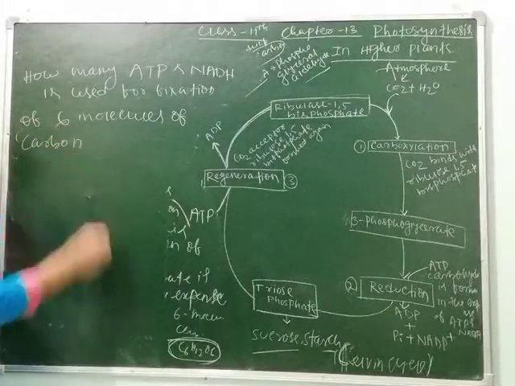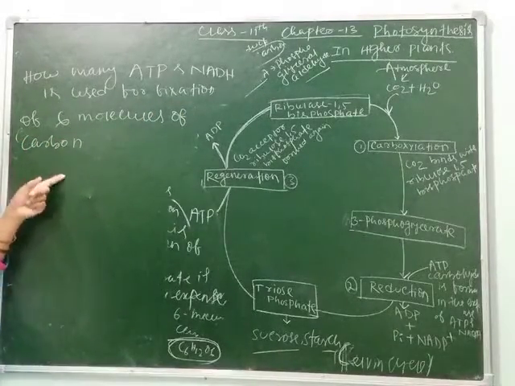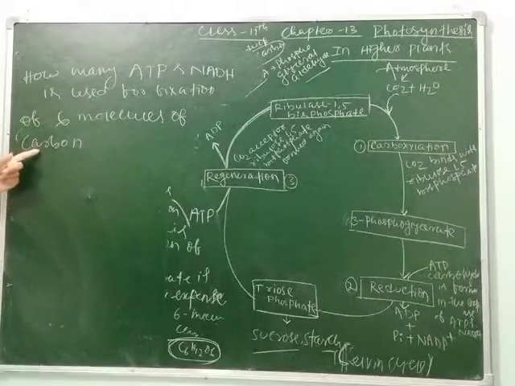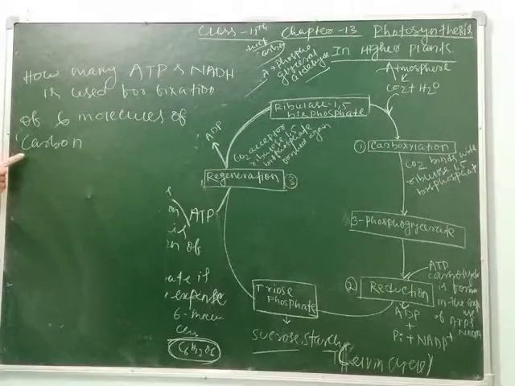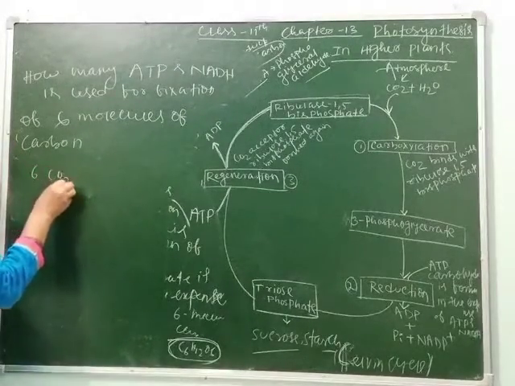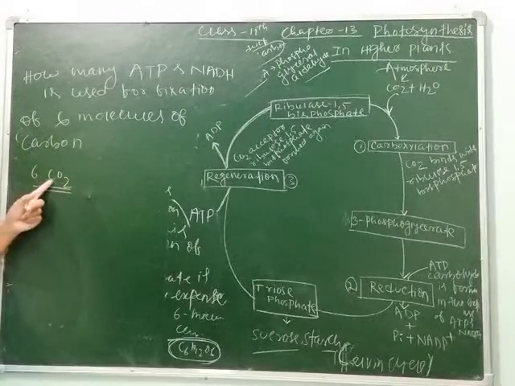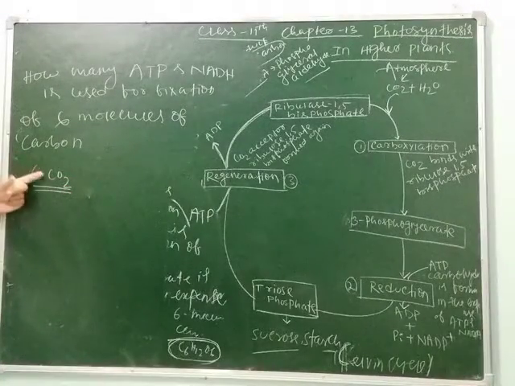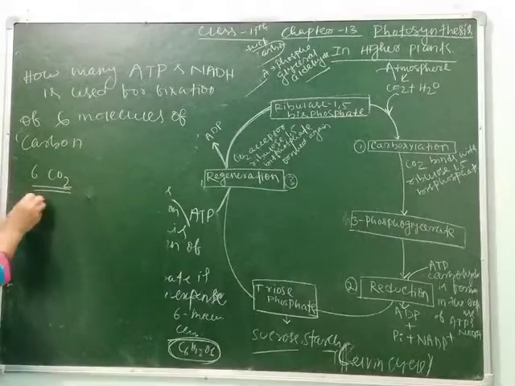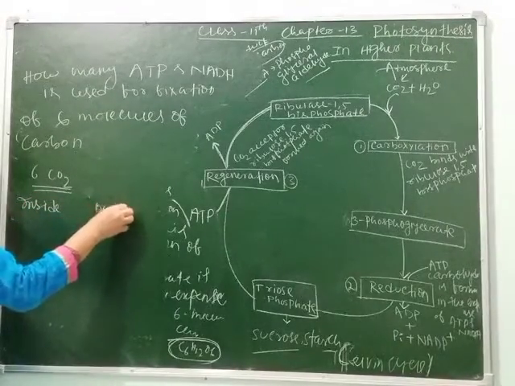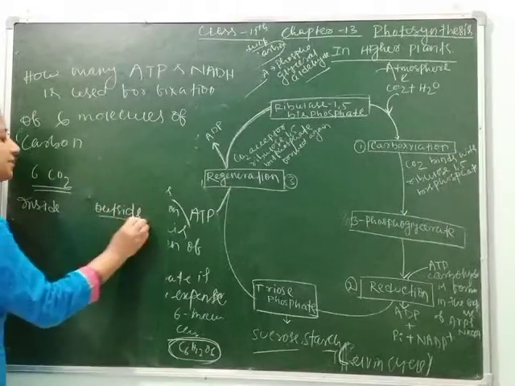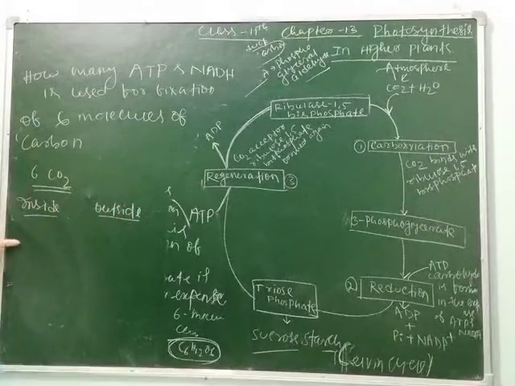It means for the production of a single glucose molecule, how many ATP and NADPH are needed. Clear, students? So now let's see during fixation of 6 CO2, how many ATP go inside? This is inside and this is outside. Meaning how much expense of ATP and NADPH occurs.